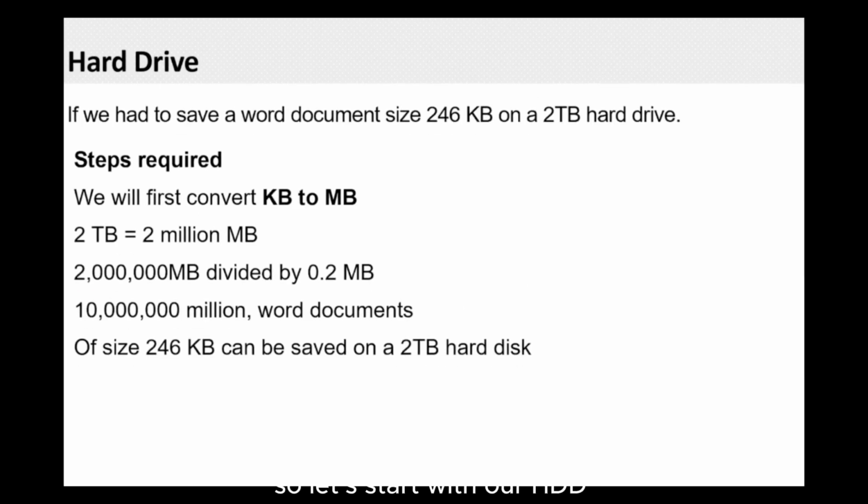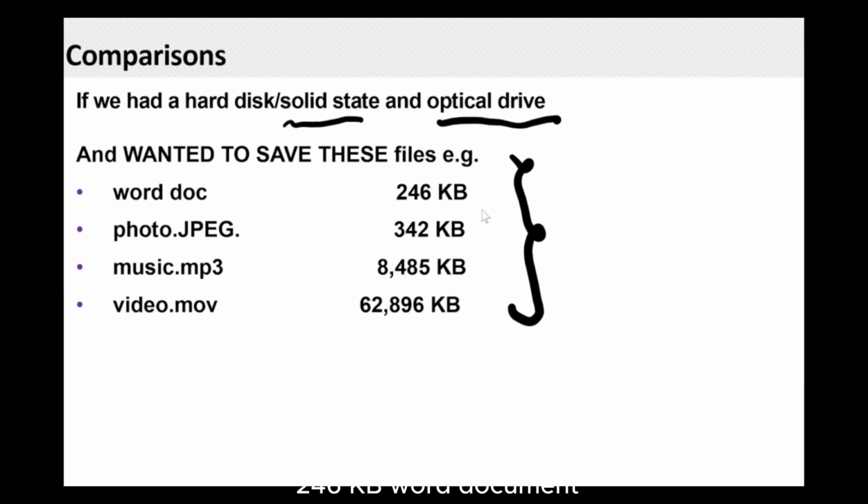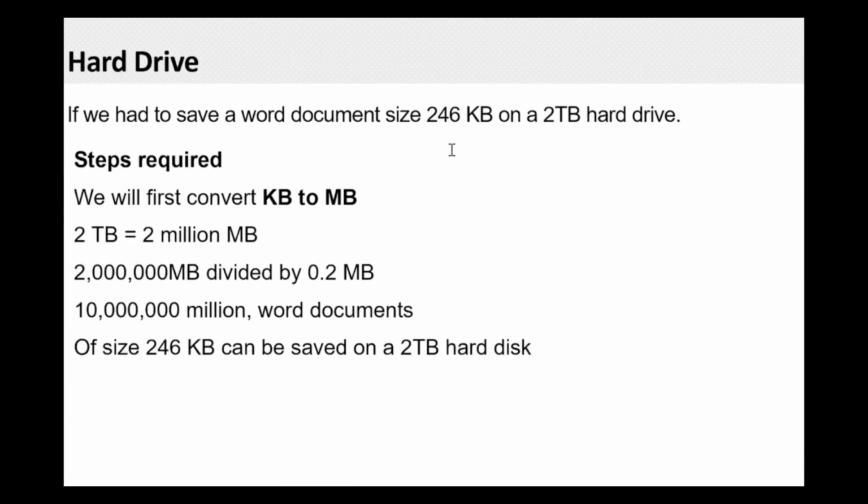So let's start with our hard disk first, and we are looking at a Word document, which we looked at in our previous year, the 246 kilobytes. The Word document 246 kilobytes on a 2 terabyte hard drive. Steps: how would you do this? How would you calculate this?